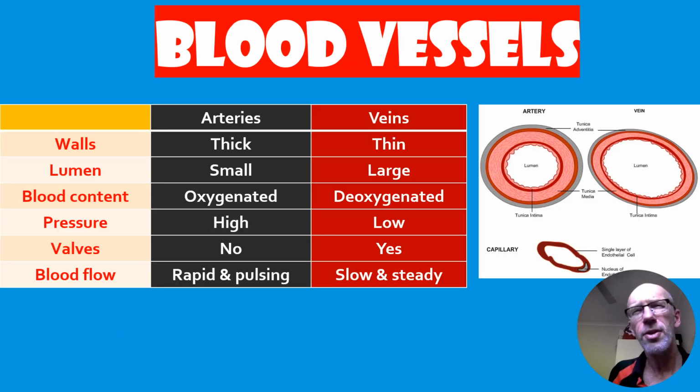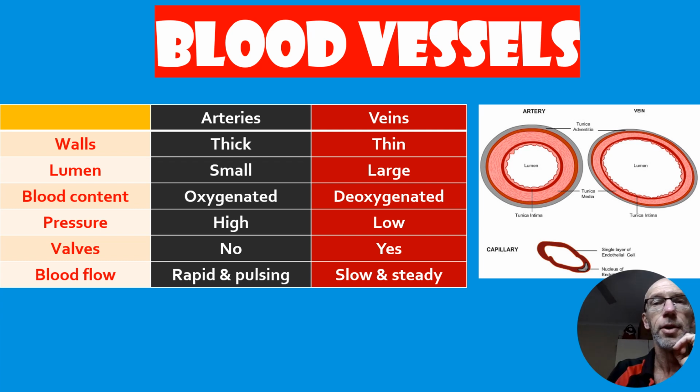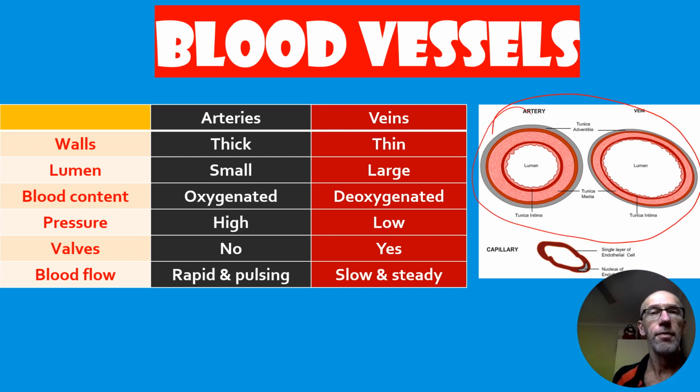So in terms of the type of blood vessels, I'll park capillaries for a tick. Let's just look at the dichotomy, the opposites between the 2 major blood vessels in terms of the arteries and the veins. So on the right here, we've got an image, cross-section of the artery and the veins. We looked at this in the microscope task.